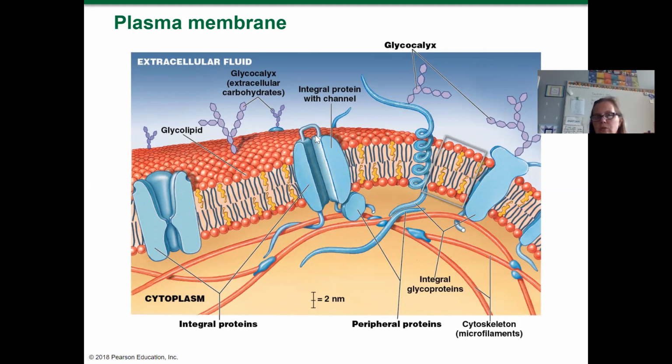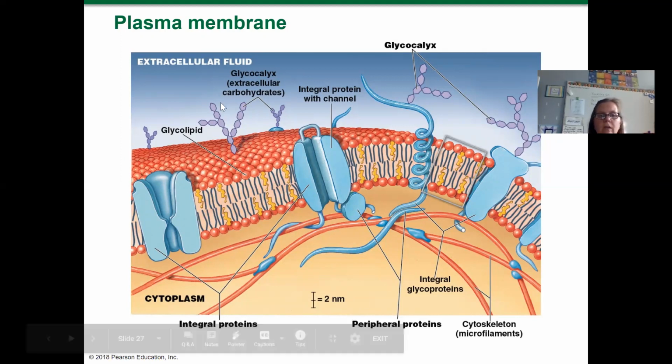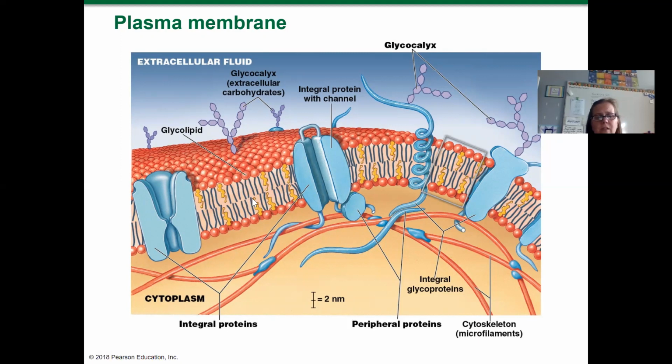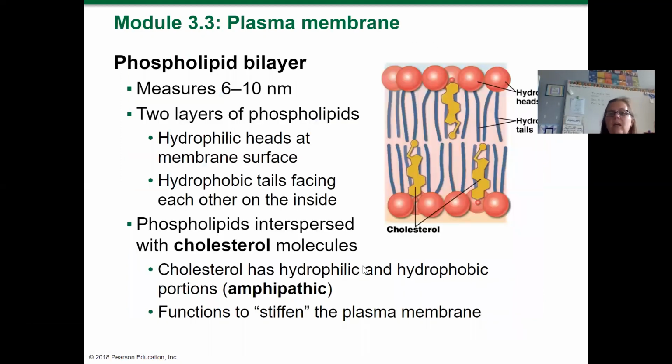But if it's integral, it goes through the whole membrane. You can also see some cytoskeleton here, which also helps with the structure of the cell. You can see the phospholipids here, and the cholesterol is also indicated. So there's lots of stuff going on in the plasma membrane.